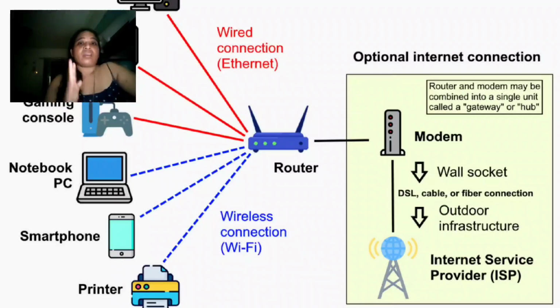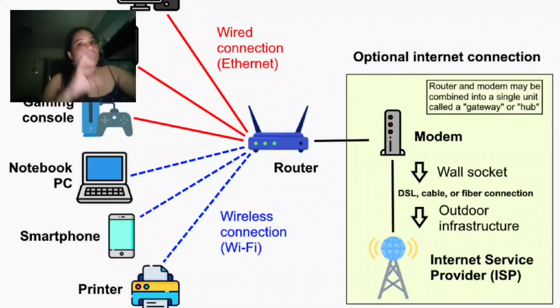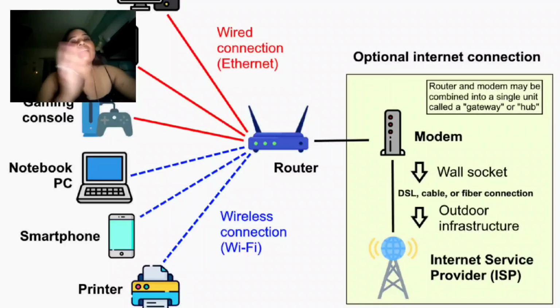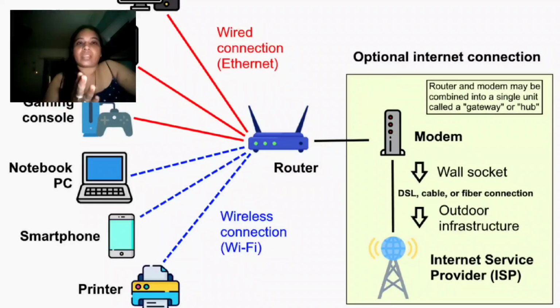Before knowing that, we should know about ISP, internet service provider. To get internet from network services, we should use an internet service provider. Without an ISP you can't get internet service to your home, to your organization, anywhere.